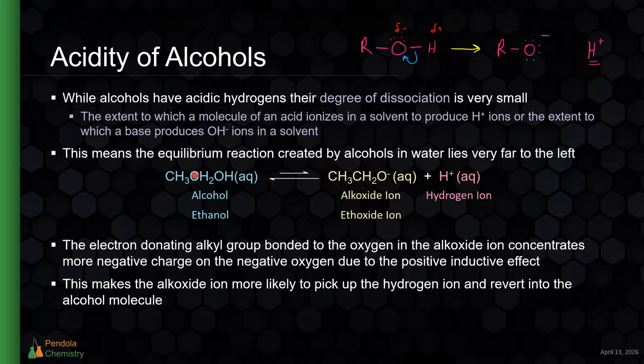So the longer the carbon chain, the less stable the alkoxide ion becomes, the more likely hydrogen is going to reattach to the alkoxide ion and become back into the alcohol. What does this mean? This means that the longer the carbon chain, the less acidic the alcohol. So, longer carbon chain means less acidic alcohol.